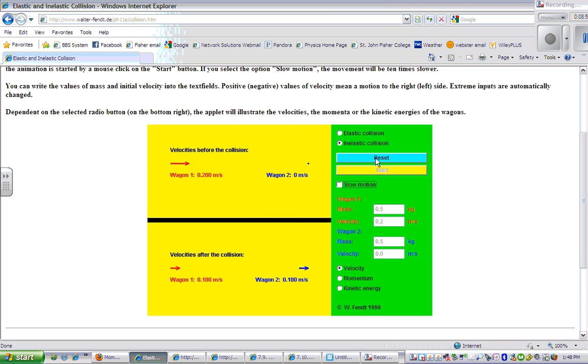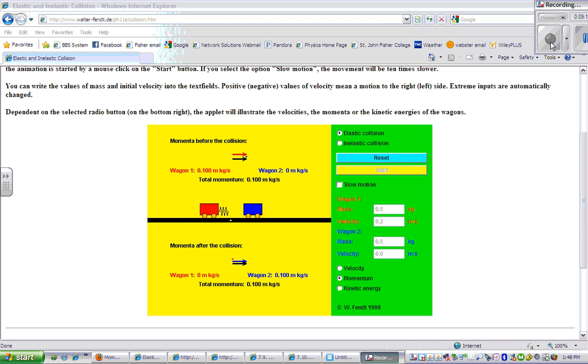Momentum was conserved. If we look at an elastic collision, the kinetic energy is conserved both before and after. They don't stick together. If we look at the momentum vector, we'll see that it does not change at all throughout the whole collision.